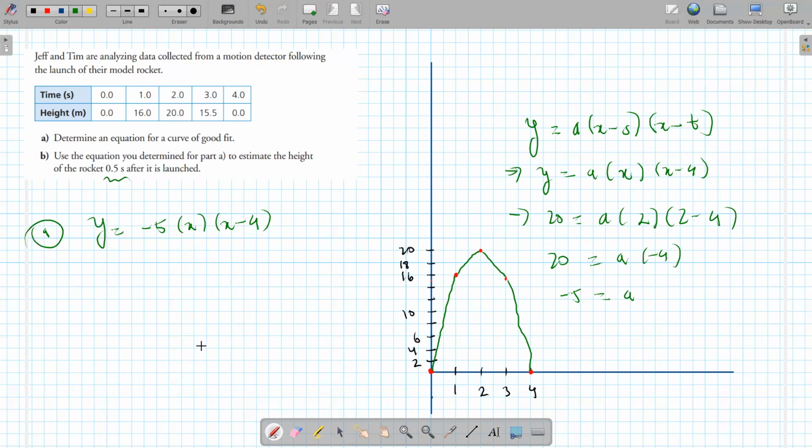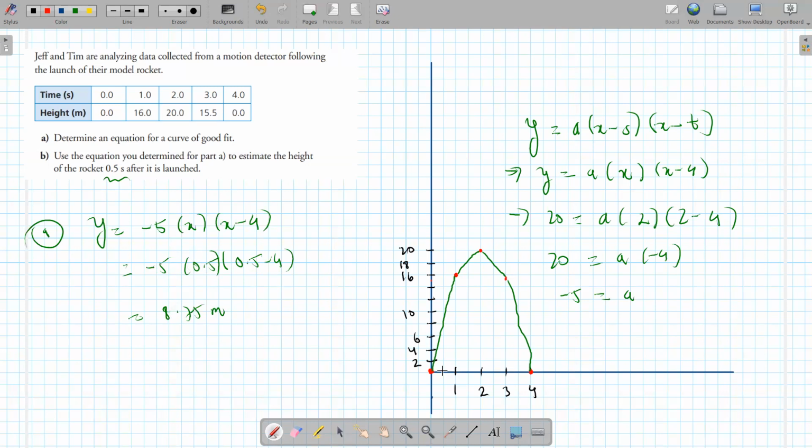Remember, time is always going to be the independent variable. Nothing beats time. So negative 5 times 0.5 times (0.5 minus 4). Plug that in a calculator. I get 8.75 meters.